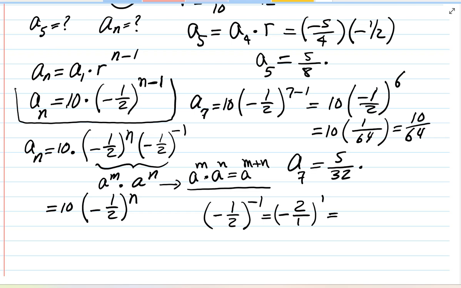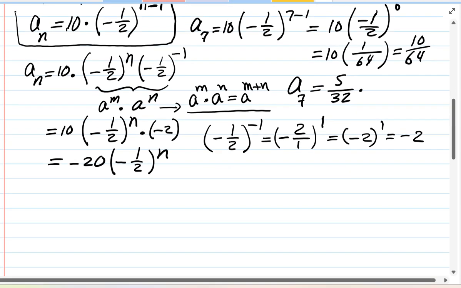So this is going to be negative 2 over 1, is negative 2 to the first power, is negative 2. That's what that is. Therefore, I'm going to multiply it by negative 2, this number. And negative 2 times 10 is negative 20 in front. That's this product. Negative 20 times negative 1/2 to the n.